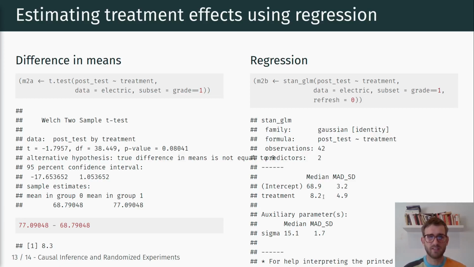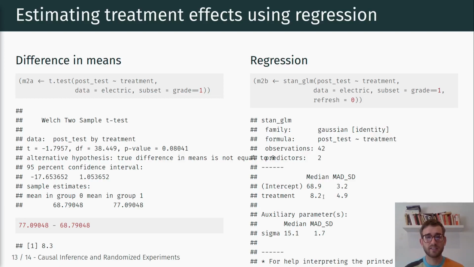But of course, using linear regression or linear modeling provides us with additional opportunities to improve our estimates. We don't only have to include our treatment indicator to recover exactly the same as the difference in means estimator.